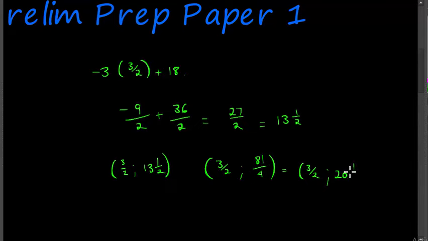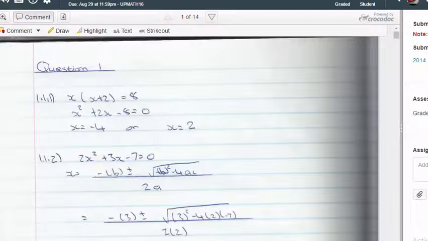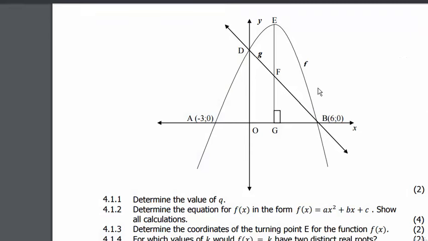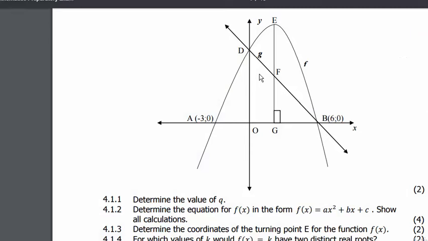That's 20 1/4. Okay, so notice here my x values are the same and my y values go from 13.5 to 20 1/4. So the difference between these two is the length of EF.